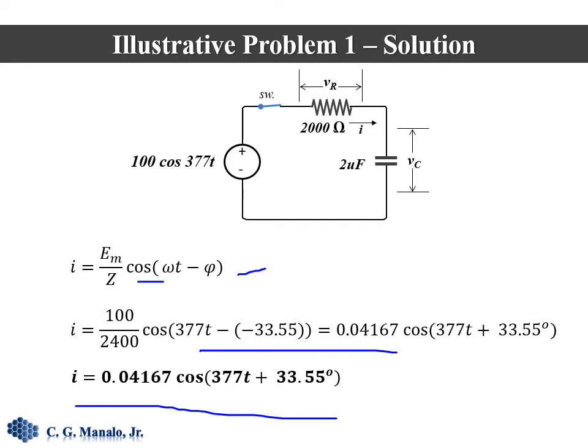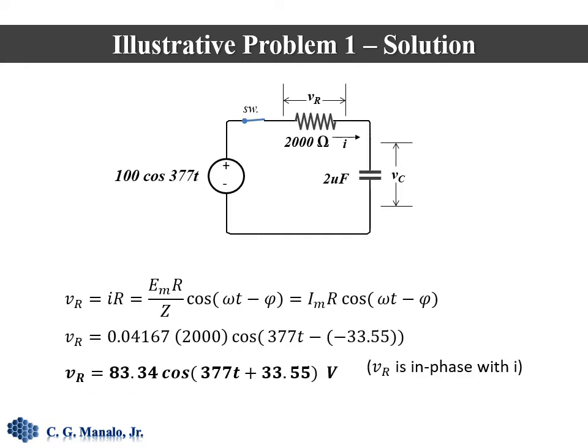So after getting I, we could proceed to get the voltage across the resistance R. So that would just be IR. So we could use I that we have already determined and simply multiply that by R to get the voltage across the resistance.